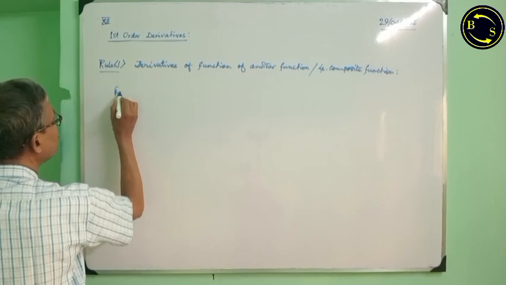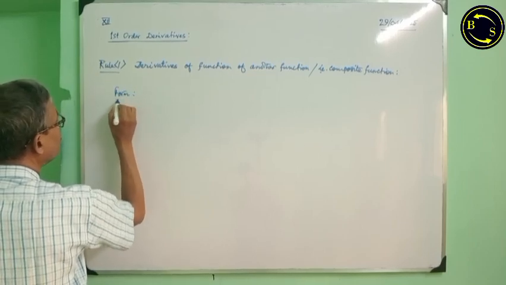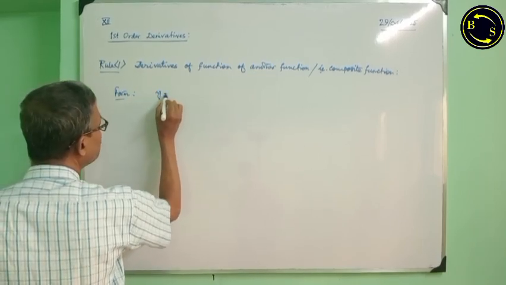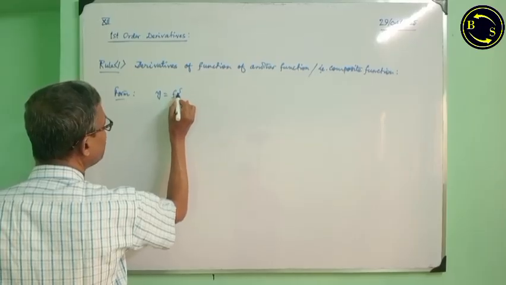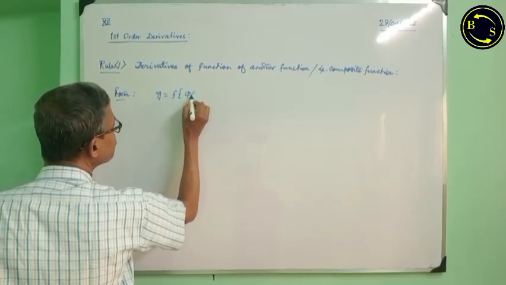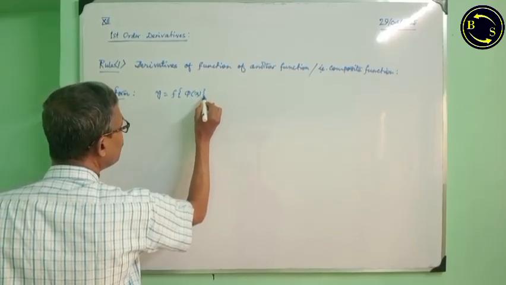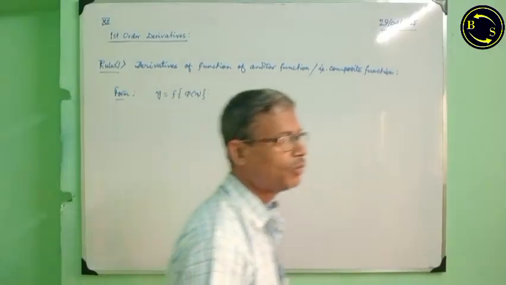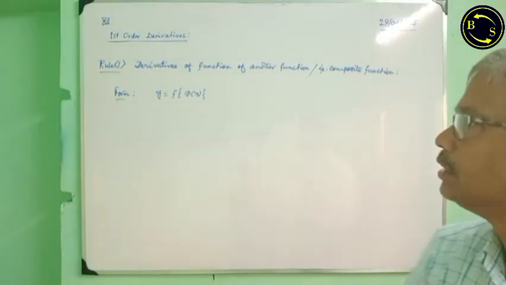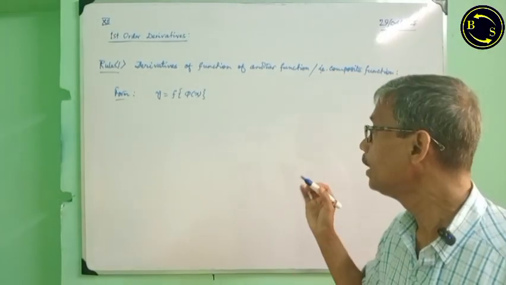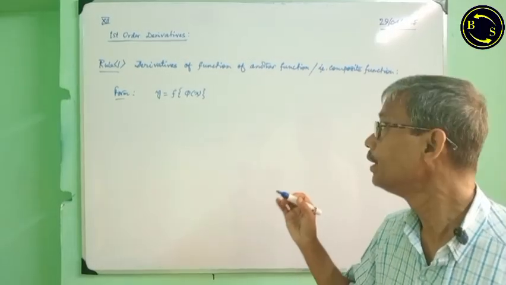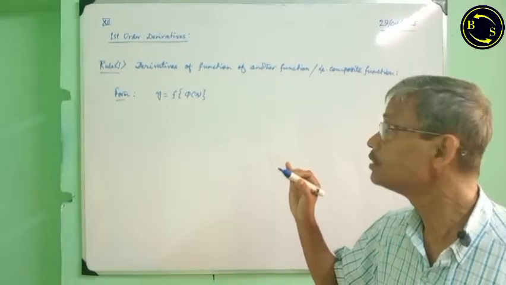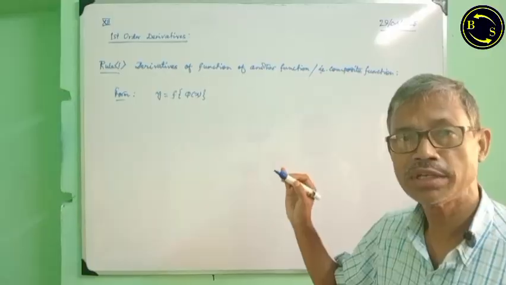Form: y equal to f of phi x. Generally, we got y equal to f x. That means x is the independent variable. Here, phi x is treated as independent variable.